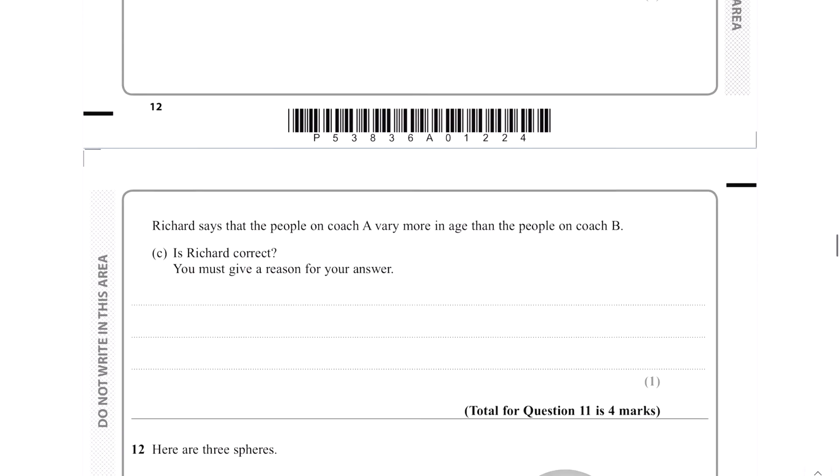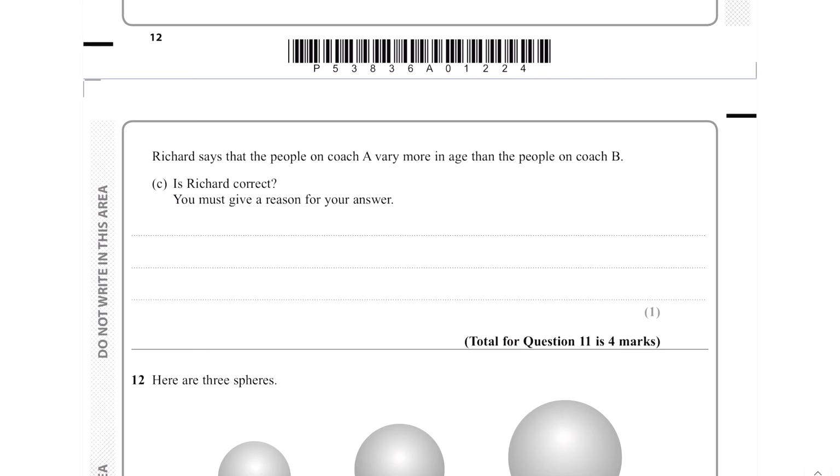correct. So the next one says, Richard says that people on coach A vary more in age than people on coach B. For a question like this, where you're looking at variation, you want to look at either the range or the interquartile range. The interquartile range is the upper quartile minus the lower quartile.